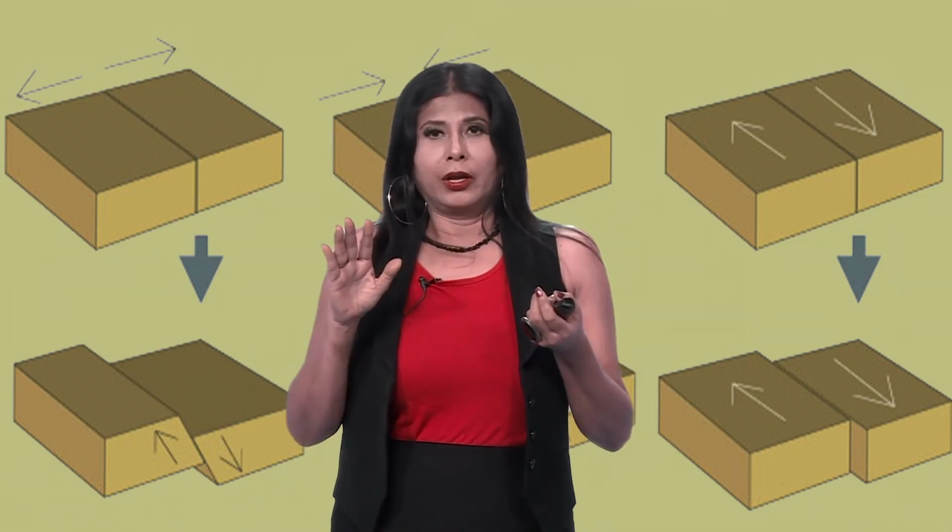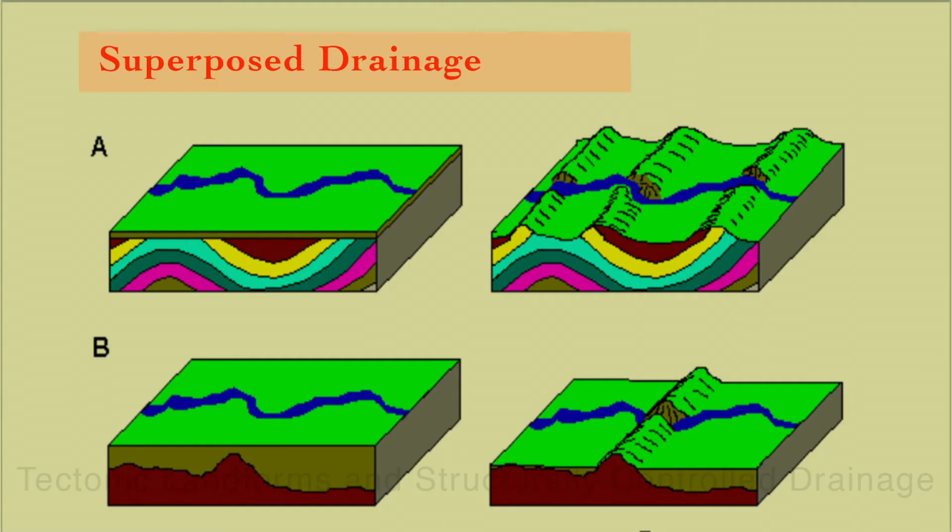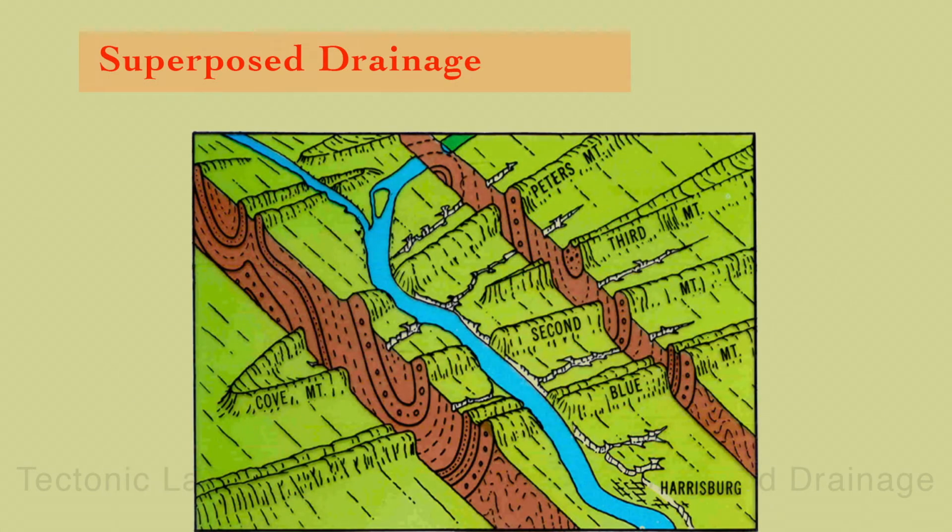So the definition of a superimposed drainage is, it is a drainage pattern which is not following the geology which is beneath. Why is it so? That is because in due course of time, here as we see, this was the original topography or original rock strata.